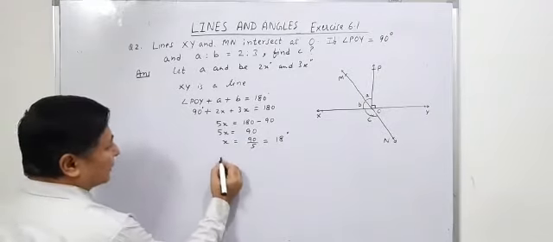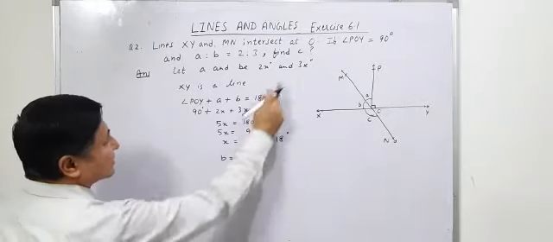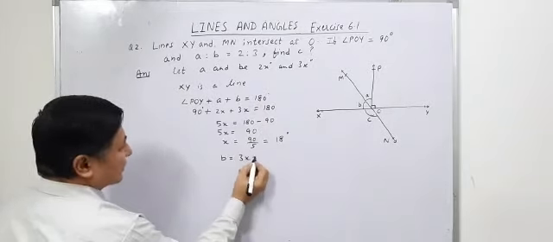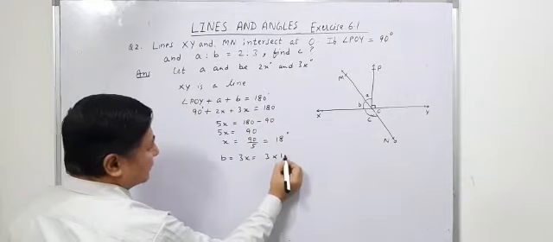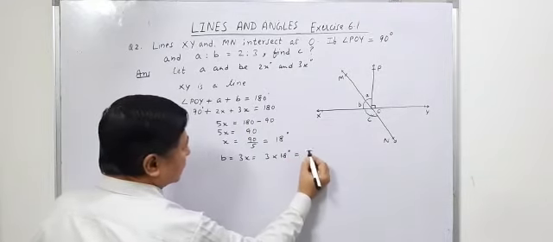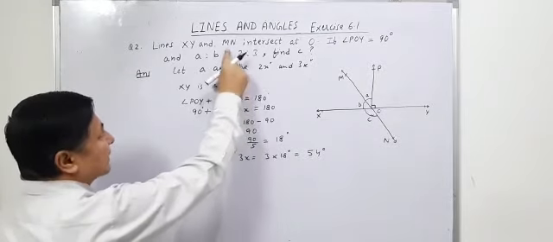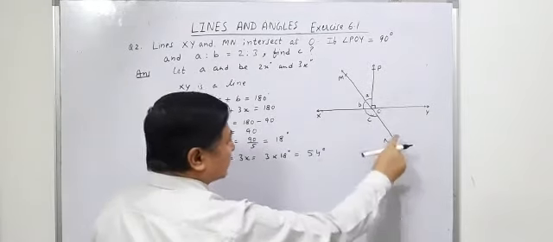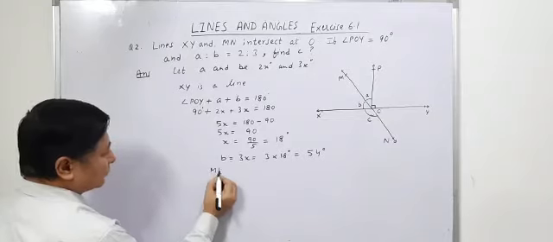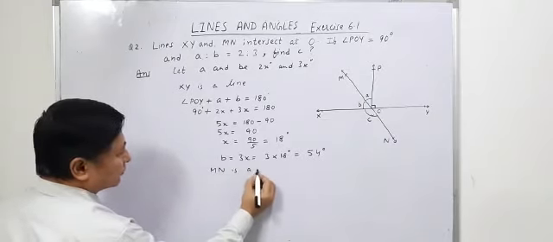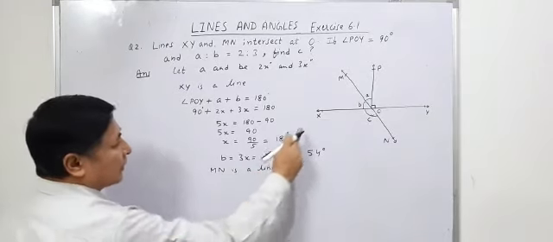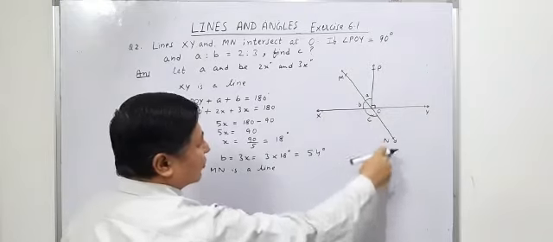Now if you want to calculate B, B is 3x degrees, that is 3 into 18, which will be equal to 54 degrees. Now in the question it is also given that MN is a line, and the ray XO stands on MN.